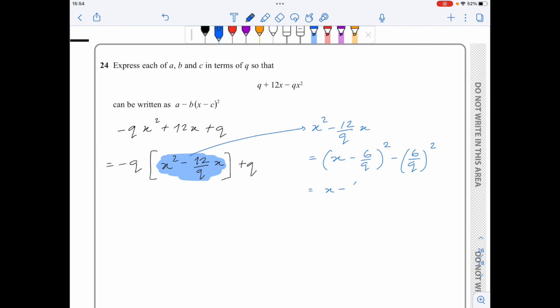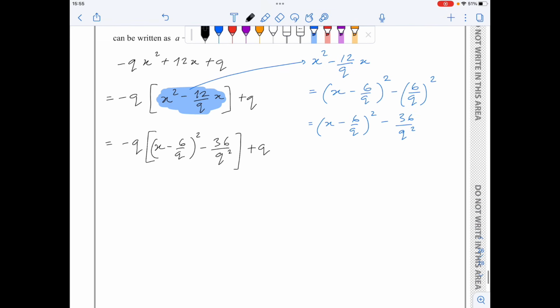If I expand the second bracket, I'll get minus 36 over q squared. So let's return to the left. This is equal to minus q square bracket. I'll rewrite the thing in blue. x minus 6 over q squared minus 36 over q squared. Close the square bracket plus q.